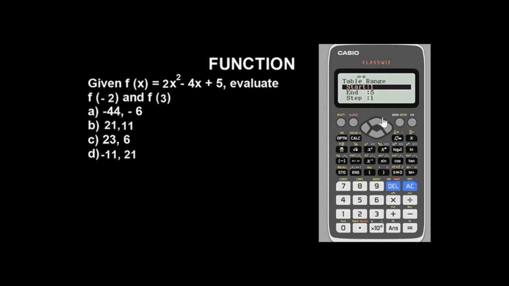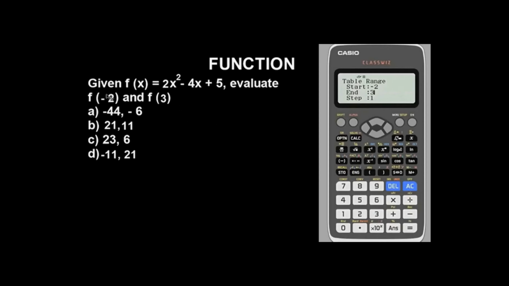Let's start from -2, guys. That's what this means: starts from -2. Then you press equal to, and it will get to end. We want it to end at 3. So you press 3. It's as simple as that, guys.